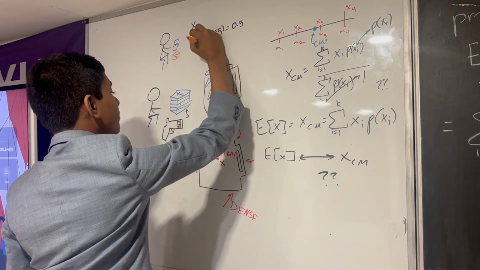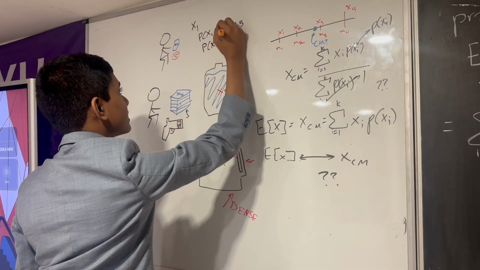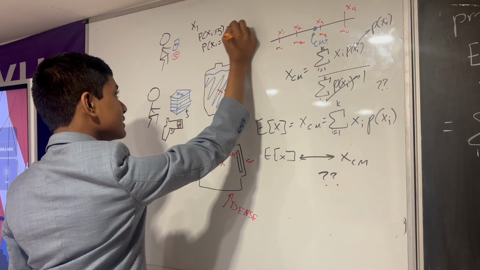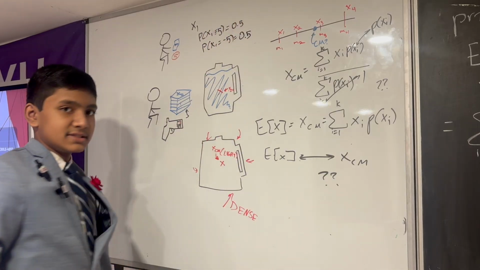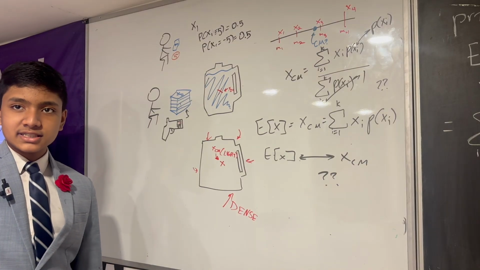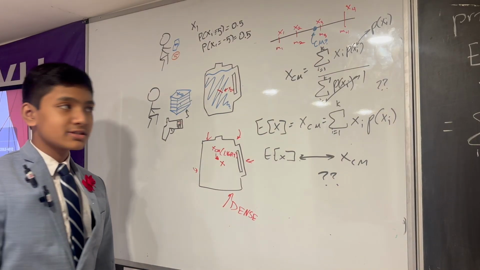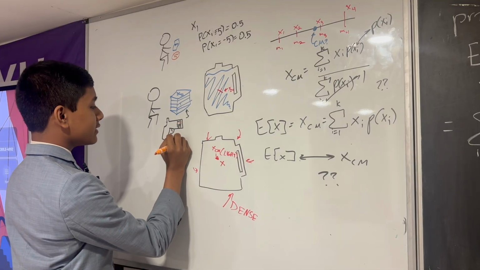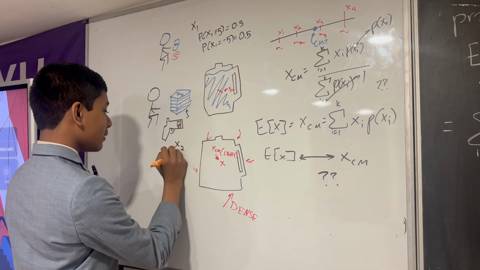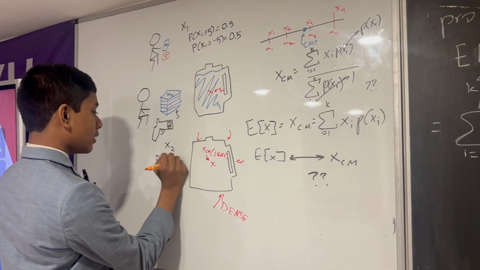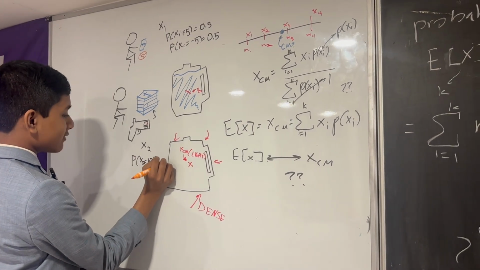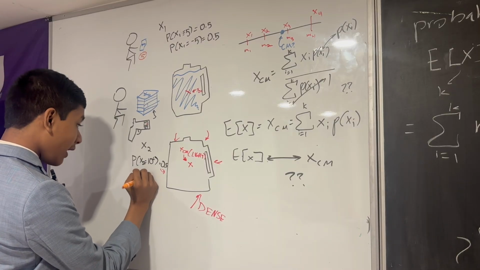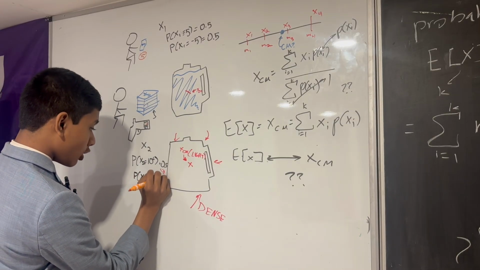And the probability that x1 is equal to minus 5 is also 0.5, since there's a chance you gain the $5, there's a chance you have to take out $5. Now here, you have a random variable x2. The probability x2 is equal to $1 million is 0.5. But the chance that you die is also 0.5.